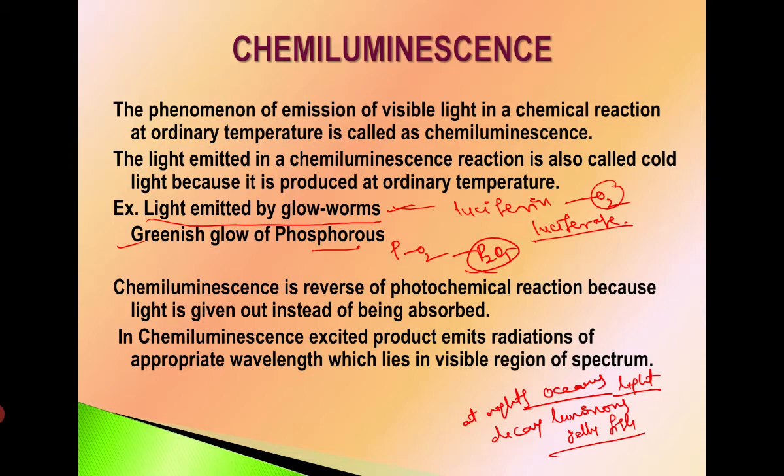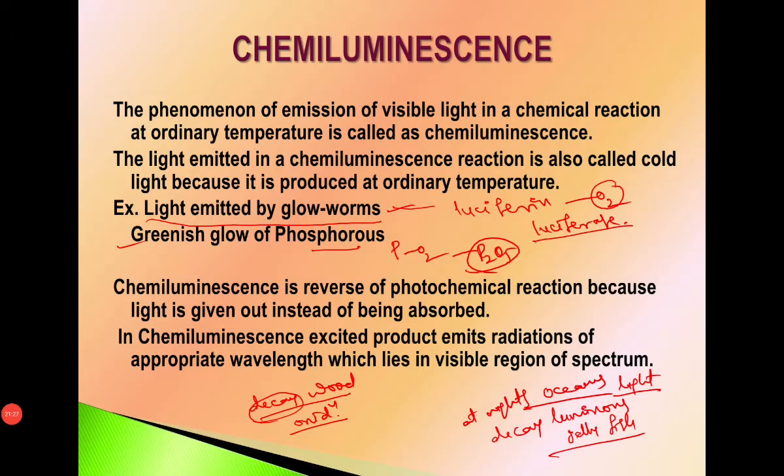And over marshy places also we can observe chemiluminescence because of the decay of wood and vegetation. This is because of the oxidation of the decaying wood or vegetation which contains some type of bacteria. So in this way, if light is emitted in a chemical reaction at ordinary temperatures, that is termed chemiluminescence.